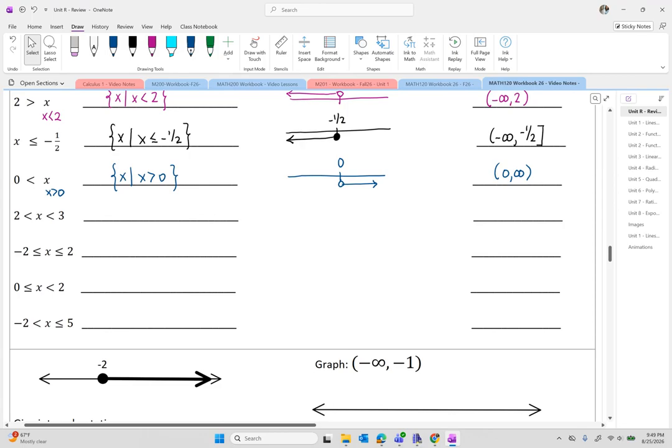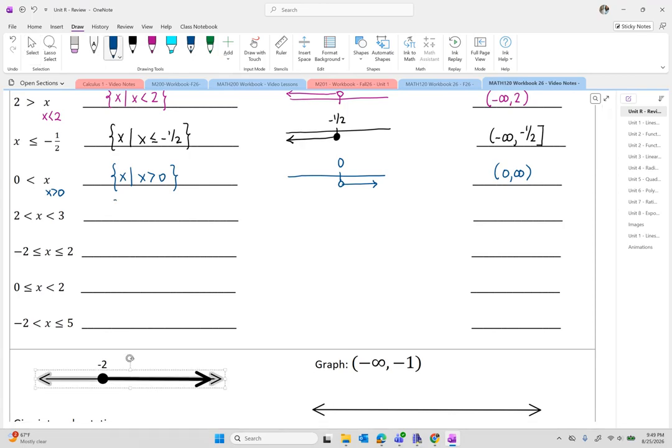If we have x between two values, between 2 and 3 here, the set builder's notation will say x is such that 2 less than x less than 3. The graph will require both of those critical values to be listed. X is any number in between, and there are infinitely many real numbers in between 2 and 3.